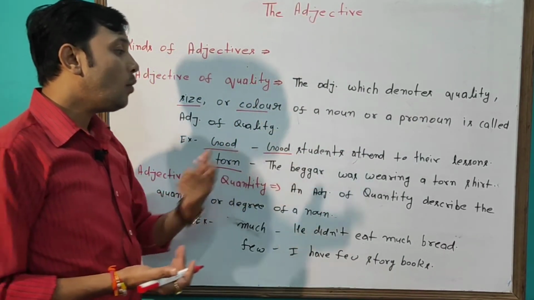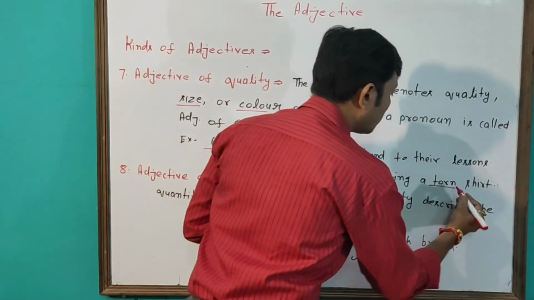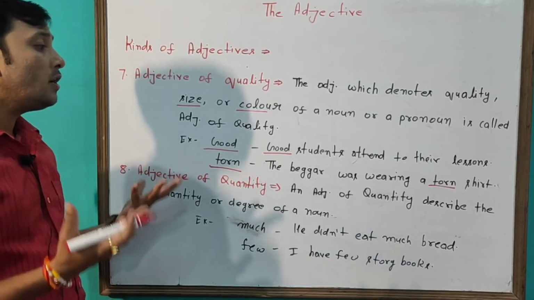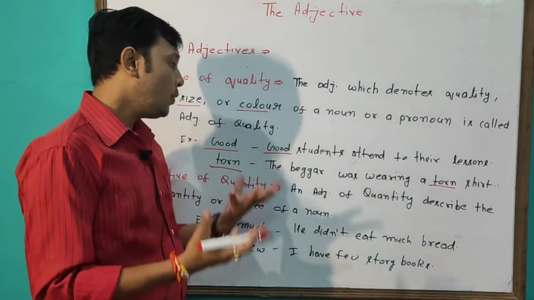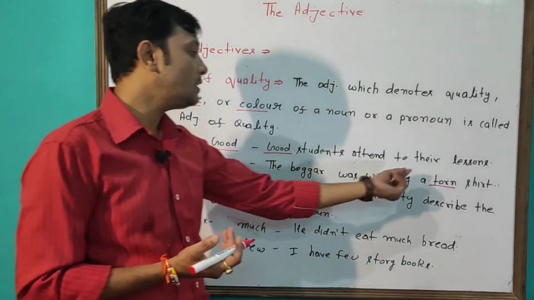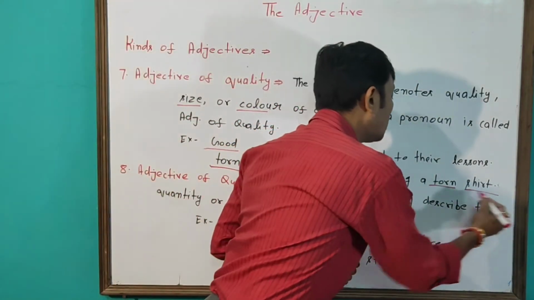The beggar was wearing a torn shirt. Torn is an adjective of quality, means what kind of shirt was worn by the beggar? Torn shirt. So it is telling about the shirt's quality. What kind of shirt is it? Torn shirt.